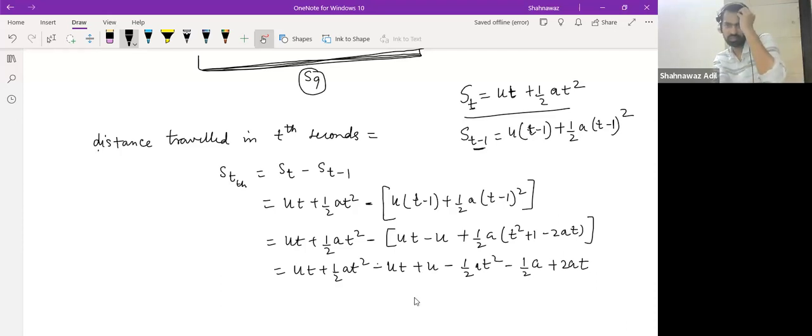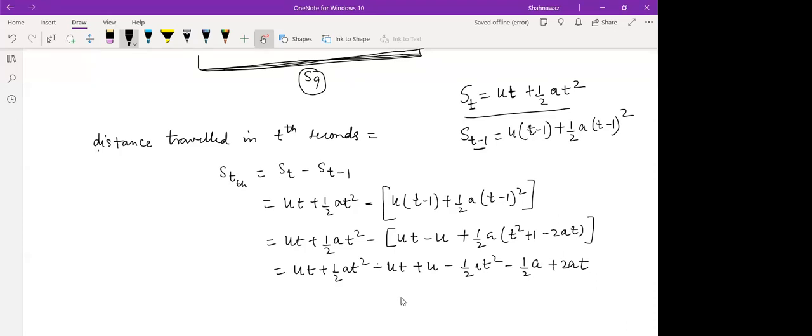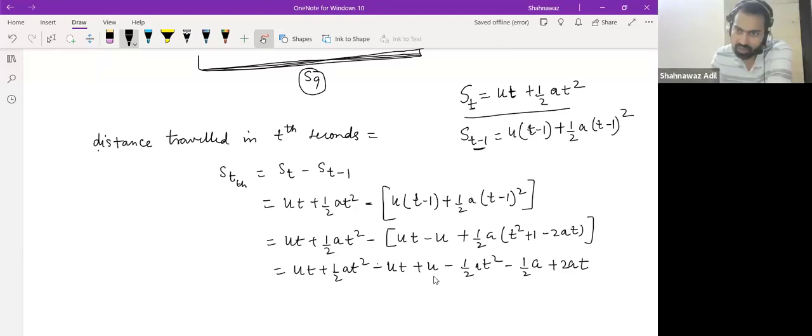Is this clear to you guys? Yes, sir. Okay, what is cancelling? Half a t square, right, into 2, so this is half a into 2t, 2 by 2.